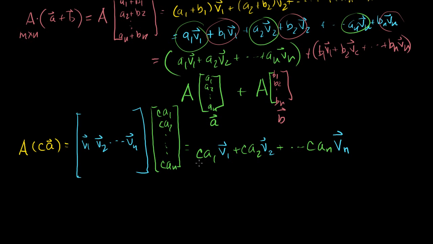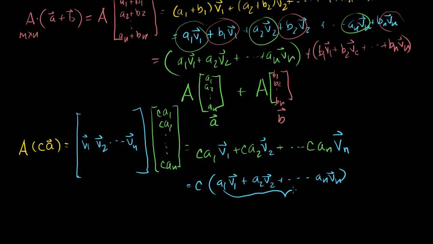And if you just factor this c out, once again, scalar multiplication times vectors exhibits the distributive property. I believe I've done a video on that, but it's very easy to prove. So this will be equal to c times a1 v1 plus a2 v2 plus all the way to an vn.